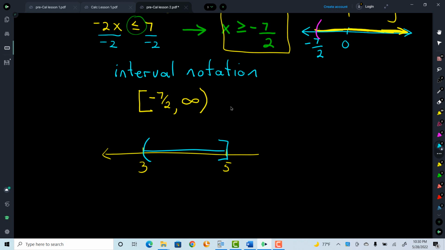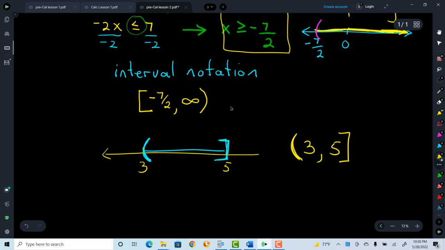No, it does not include the 3. Does it include the 5? Yes, it does. So in interval notation, it will look like this. Parenthesis 3, comma 5, bracket. That's our interval notation.